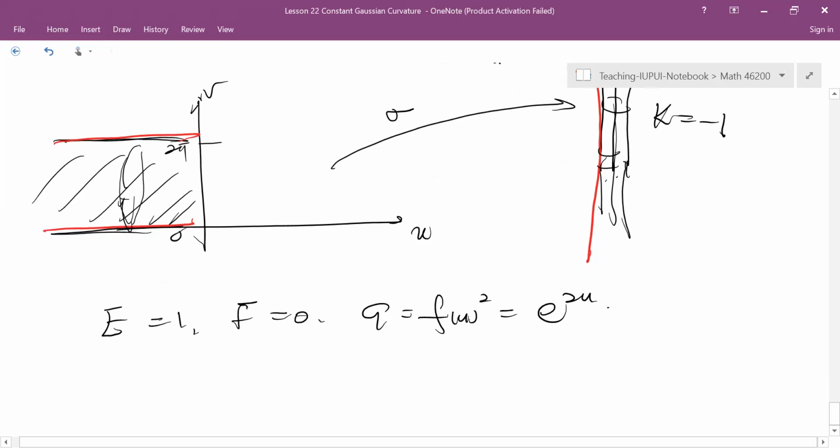Right? So that's the first fundamental form. And this clearly approaches 0 as U approaches negative infinity, right? Okay.